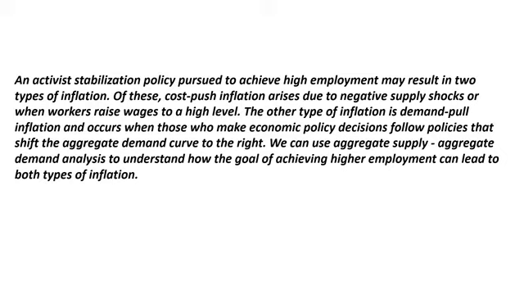Of these, cost-push inflation, or simply cost inflation, arises due to negative supply shocks or when workers raise wages to a high level. The other type of inflation is demand-pull inflation, or simply demand inflation, and occurs when those who make economic policy decisions follow policies that shift the aggregate demand curve to the right continuously.